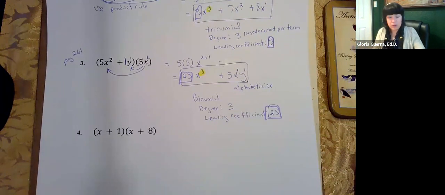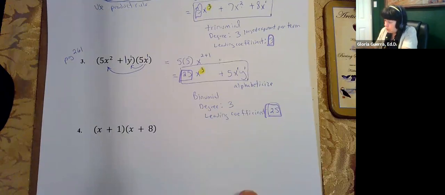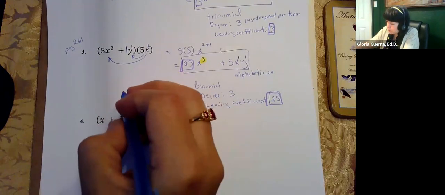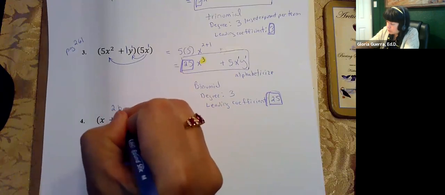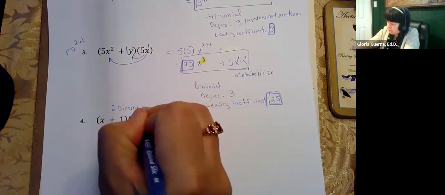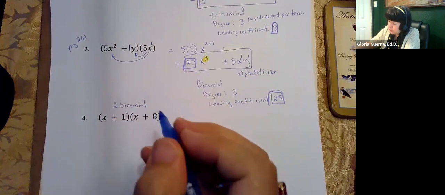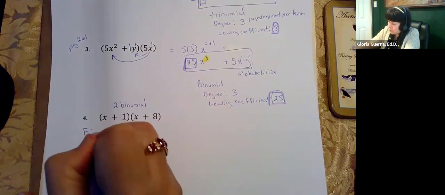So right now we look at number 4. This is a binomial times a binomial, and I'm going to use FOIL.